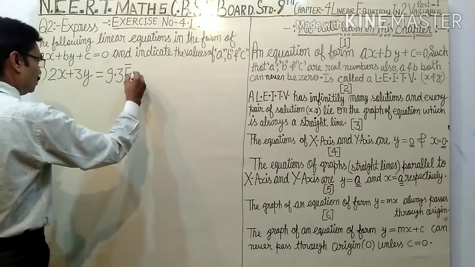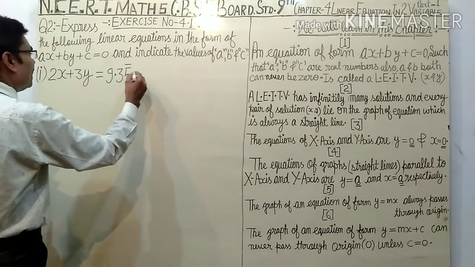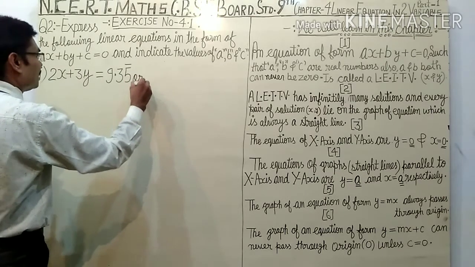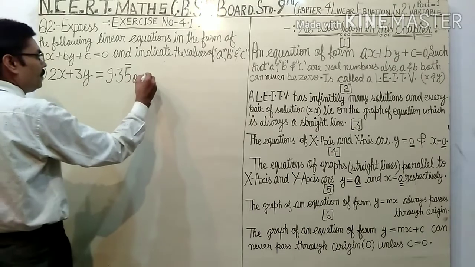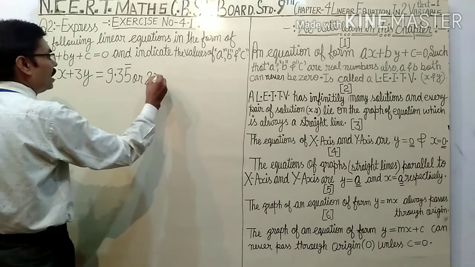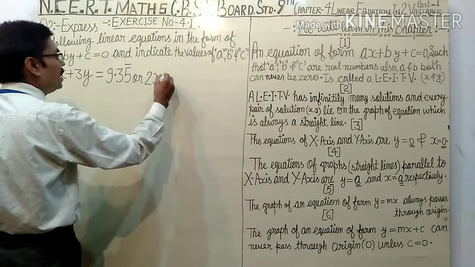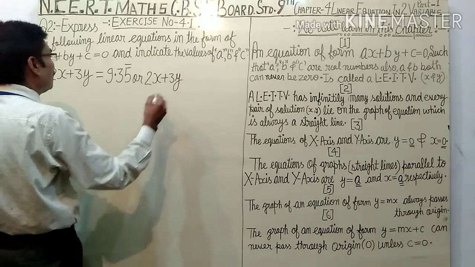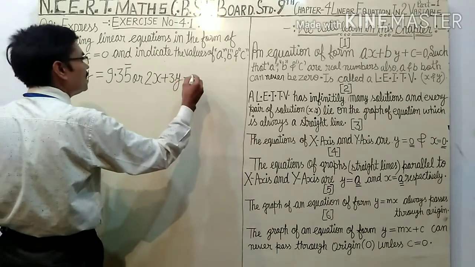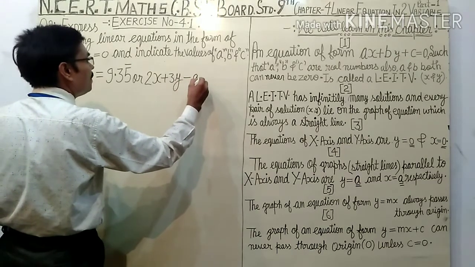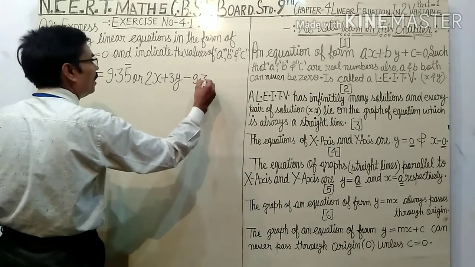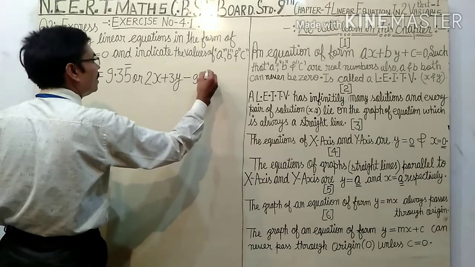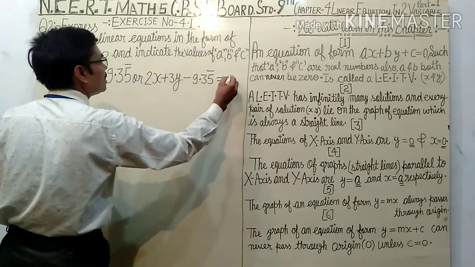So students, this can be written as 2x plus 3y minus 9.35 bar equals 0.